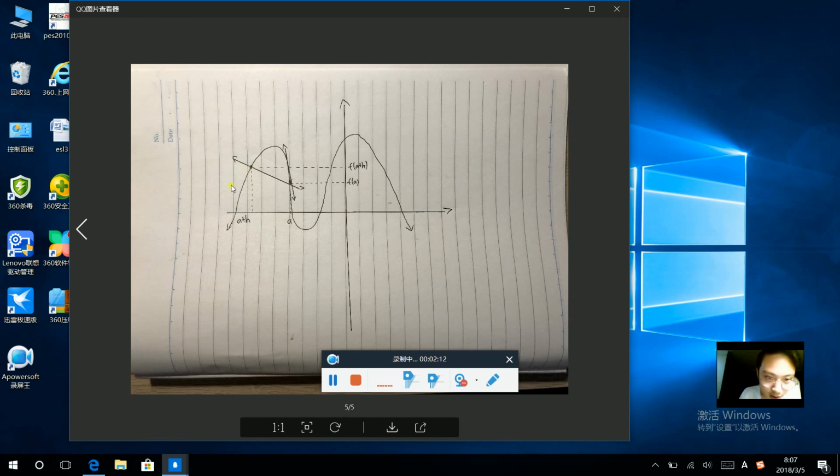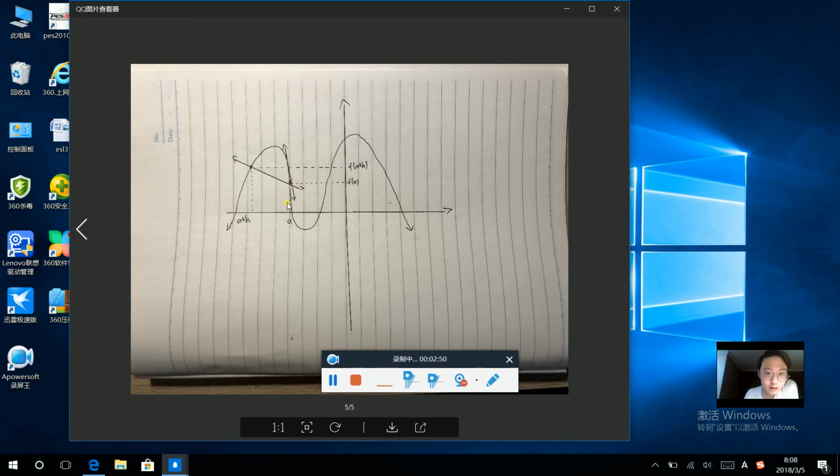As is seen, if we clearly identify the A plus H point approaching the A point, this secant line should increasingly approach the tangent line, and if we want to get point A, we should let the slope of the secant line equal the slope of the tangent line.